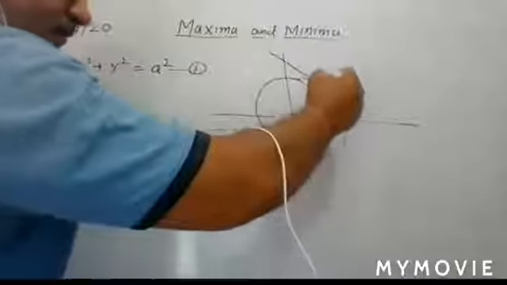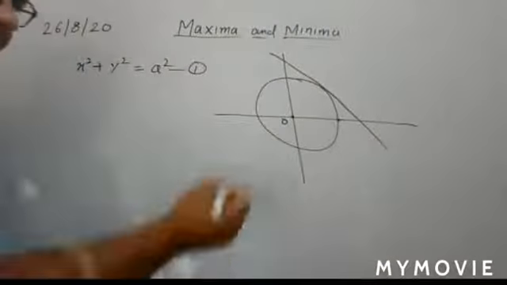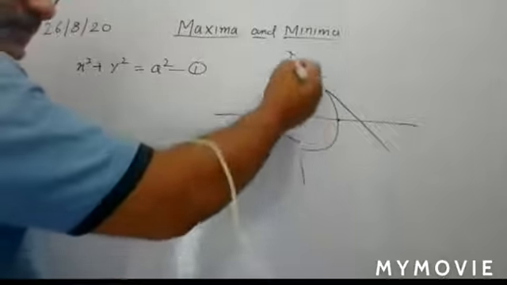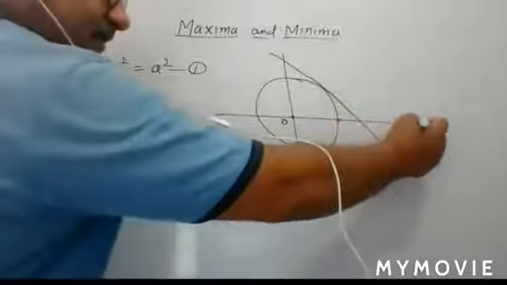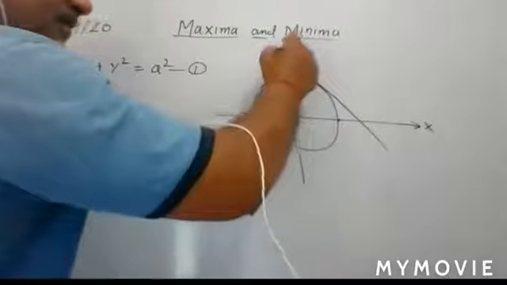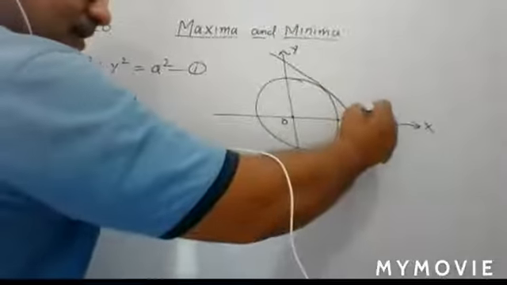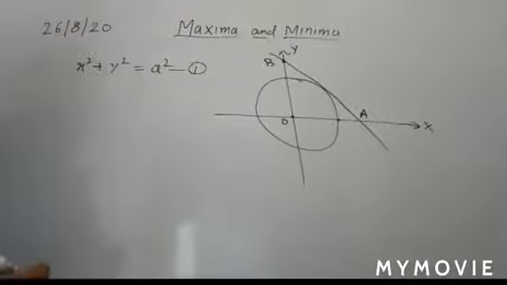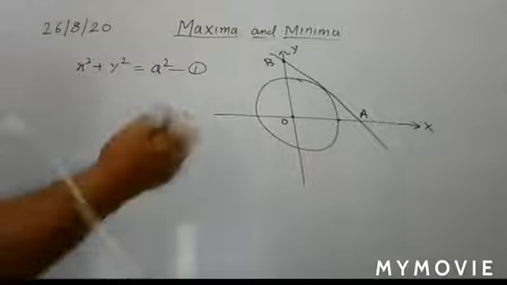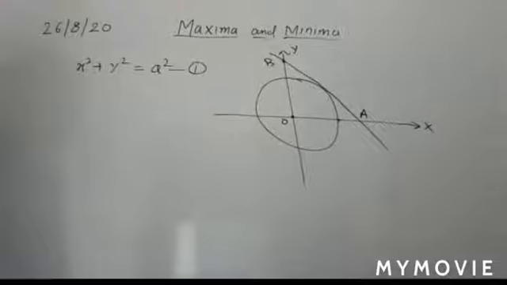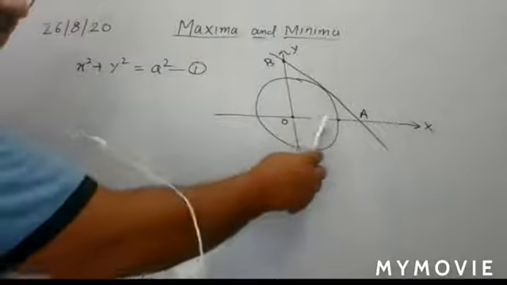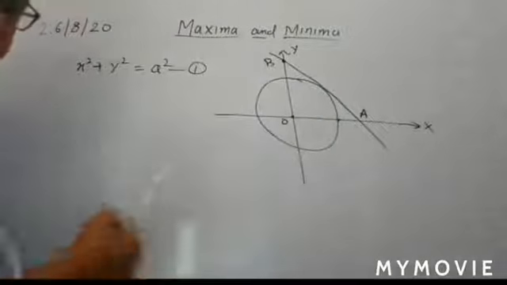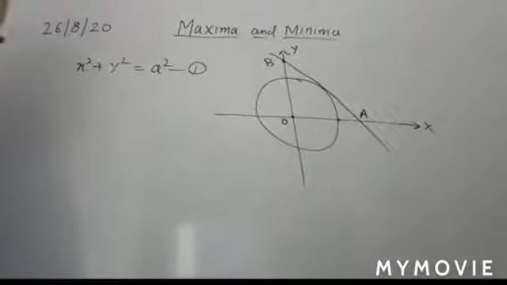As per the question, the tangent intersects the x-axis and y-axis at points A and B. So here you have to minimize the value of OA plus OB. First you try to find the values of OA and OB.